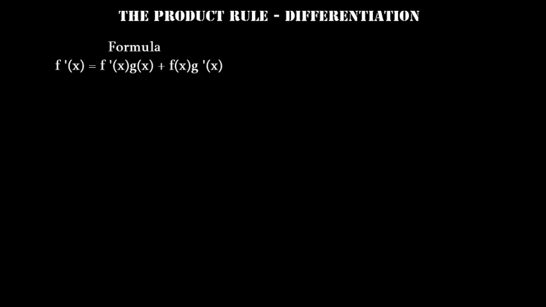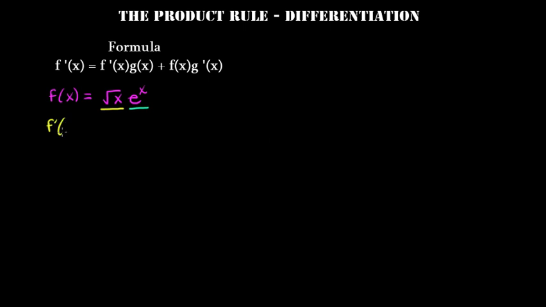So for the next problem, we have f of x equaling the square root of x times e to the x. When we're looking at this problem, what we're looking for is what we're going to choose for our f and what we're going to choose for our g. So I'm going to say that this is going to be my f, and this is going to be my g. So now we just need to plug in.